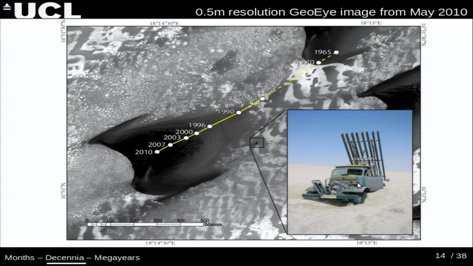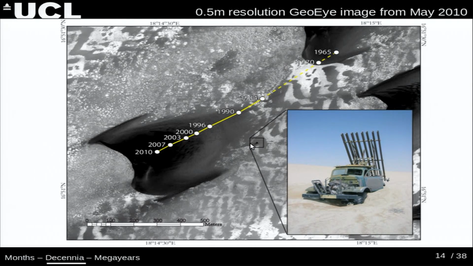At the time, this weapon was hiding behind the steepest slope, the lee side of this barchan dune, and shooting at the enemy. The vehicle was then abandoned, and it was quickly buried by the sand dune. 26 years later, the dune has now moved 600 meters towards the southwest, and the rocket launcher has emerged from the other side of the dune.